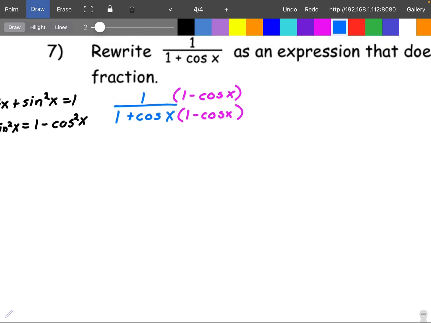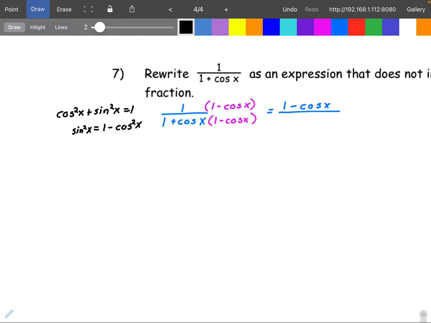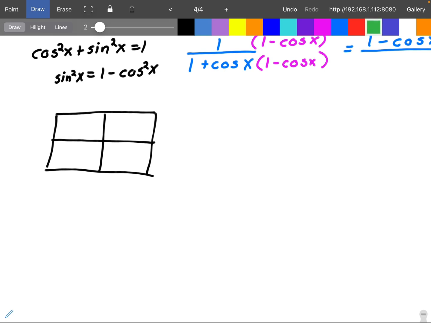So when we do that, we know that the numerator is now going to be just 1 minus cosine x, but the denominator is going to become that Pythagorean identity. And let's prove it. So if I go over here and I multiply those out, I'm going to do 1 plus cosine x times 1 minus cosine x.